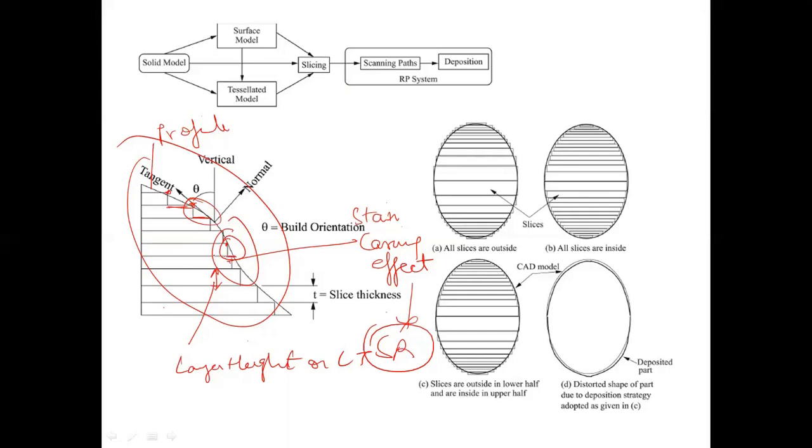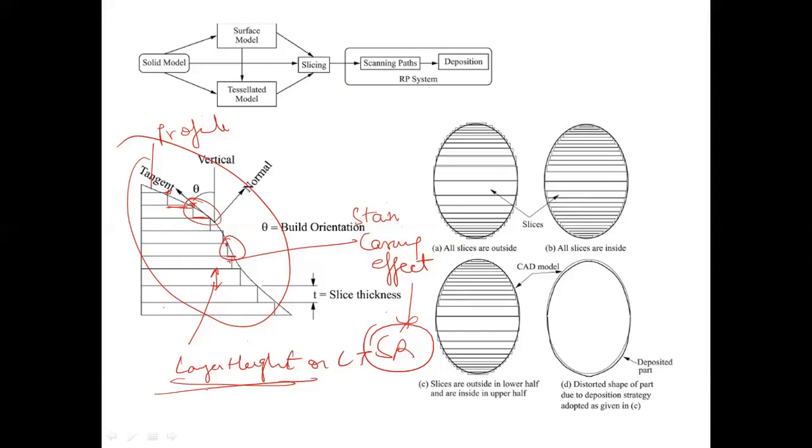Now you have to understand that the reason for surface roughness is two-pronged. Layer thickness is one of the primary reasons of generating surface roughness. In an RP system, surface roughness can never be eliminated.